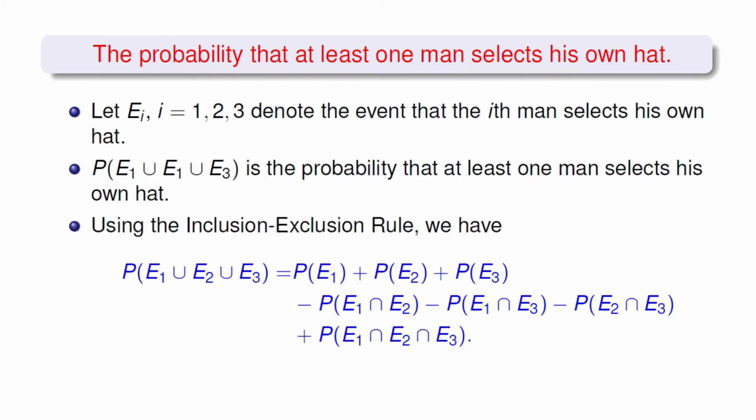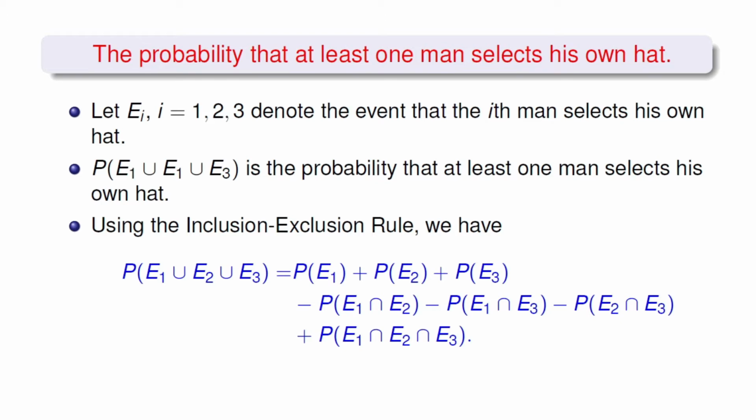Then, using the inclusion-exclusion rule, we have the probability of E1 union E2 union E3 equals this formula. Inside this formula, we see the probabilities of the Ei's and the probability of the intersection of a pair of events: E1 intersect E2, E1 intersect E3, and E2 intersect E3.